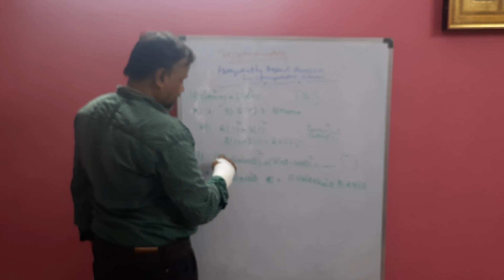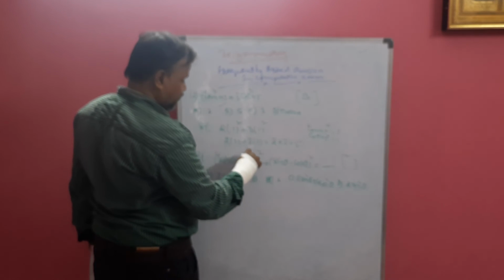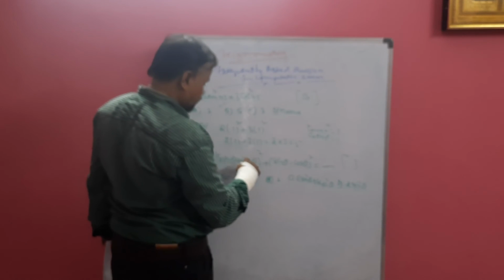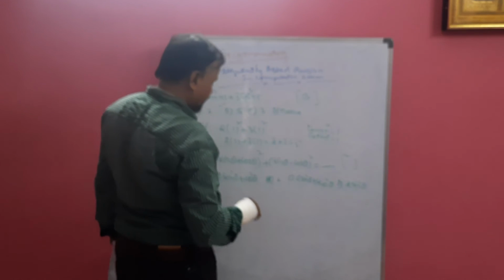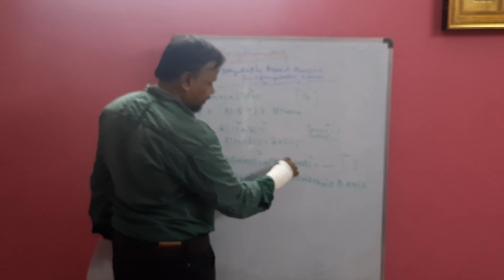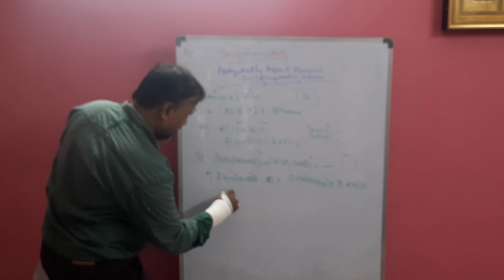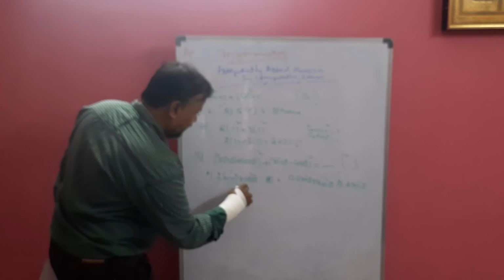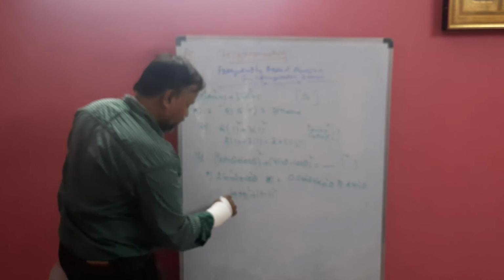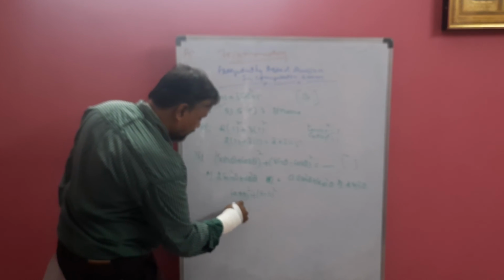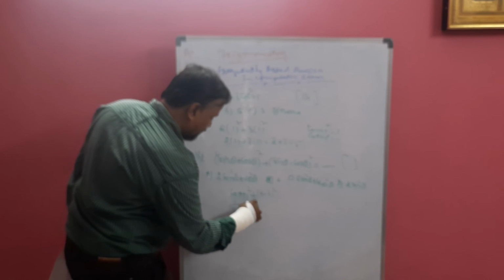It is sin theta plus cos theta whole square, plus sin theta minus cos theta whole square. It's of the type a plus b whole square plus a minus b whole square. So a plus b whole square is a square plus b square plus 2ab.